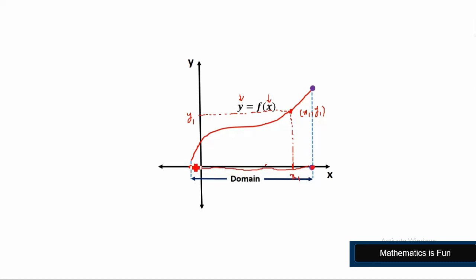Similarly, all the values on the y-axis over which the function is extended are the values of the range. So all the points on the y-axis between these two points is the range of f. So basically domain relates to the input values and range relates to the output values.